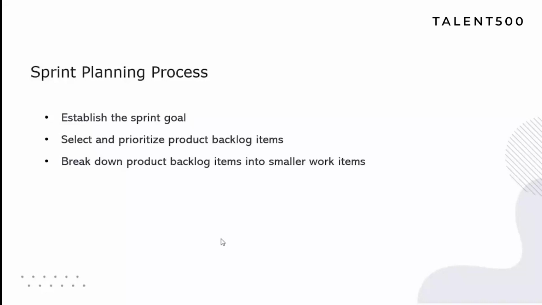So he'll break down the purchase of items into three different smaller work items, and according to the item that he wants to purchase, he will plan his work accordingly: which shop he would go to, what the budget is, and all those things. So this way, the team member is breaking down the big chunk of product backlog item into smaller work items, and then they decide on how they are going to work on them.